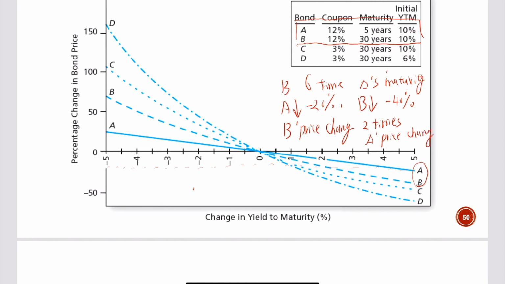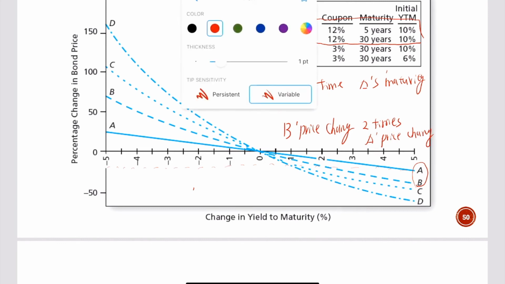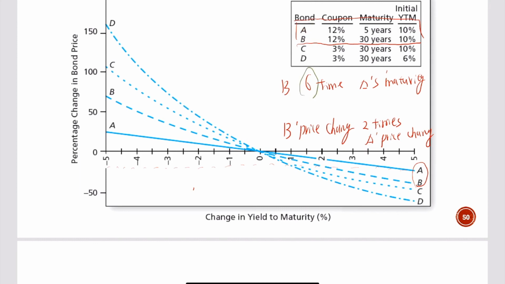right? So let me remove this redundant line here. What we want to look at here is these two numbers.